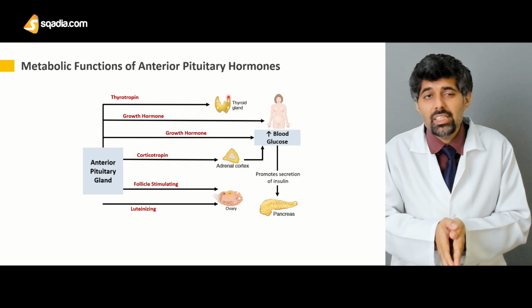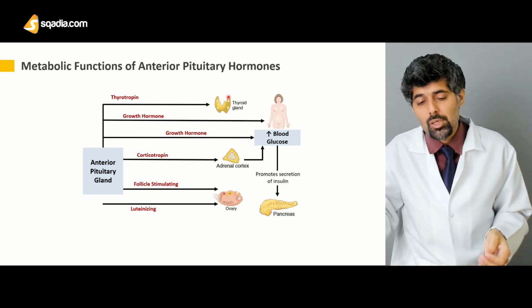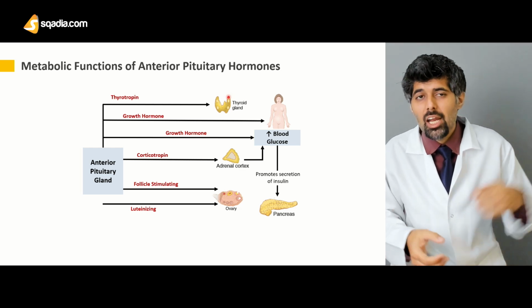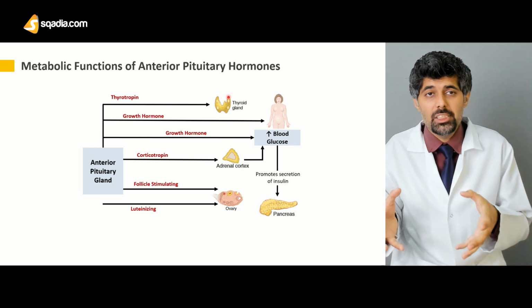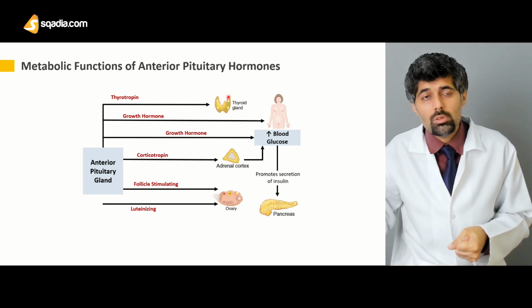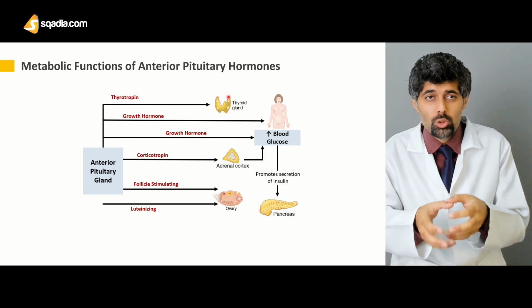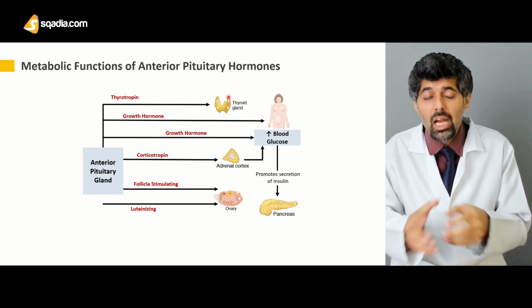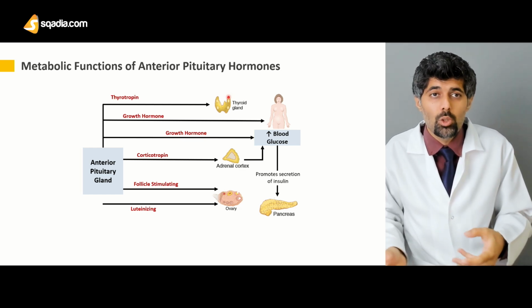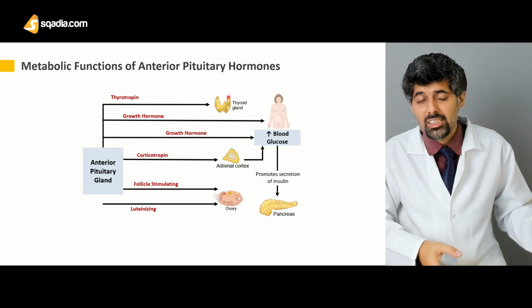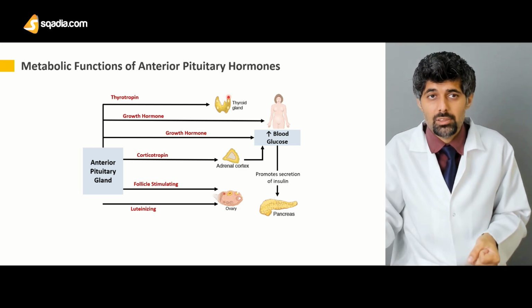Now, both of these affect the ovaries in a female and the testes in males. In both genders, they affect both the rate of the growth and the amount of the growth of the gonads, that is, the testes and the ovaries.